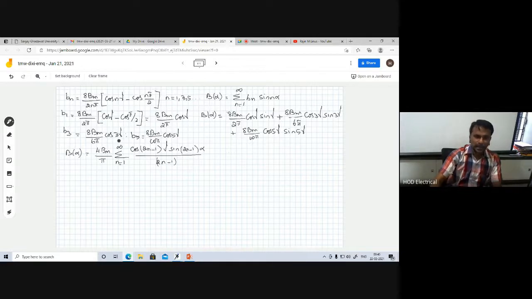So this is the magnetic flux distribution waveform in Fourier series for the salient pole machine when this salient pole is excited.